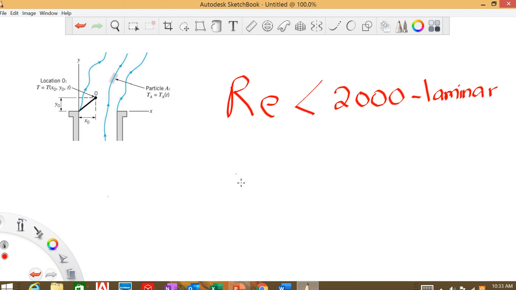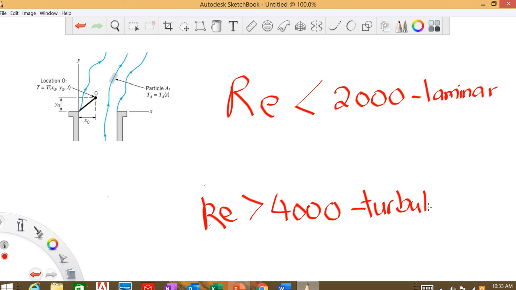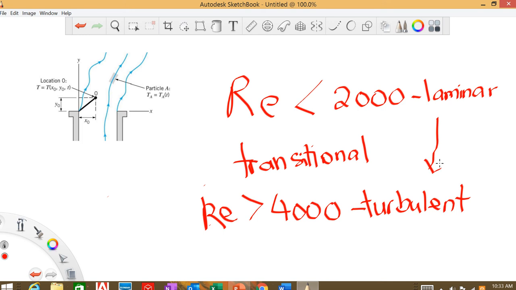So if the Reynolds number is more than 4000, the flow is said to be turbulent. So what happens in between? In between is basically called transitional, or transition. Okay? Transition from laminar to turbulent. Alright.